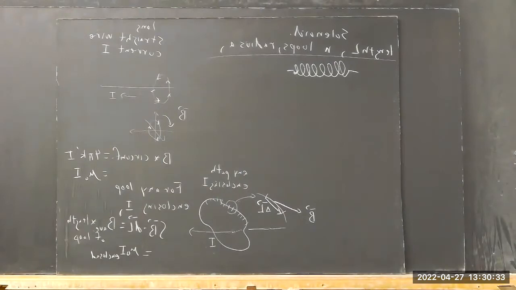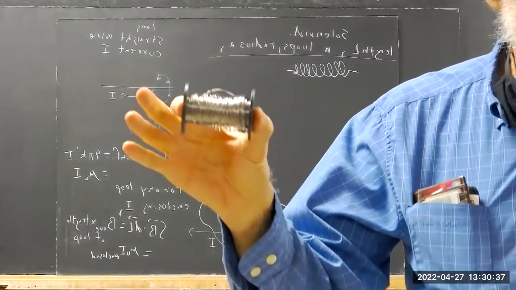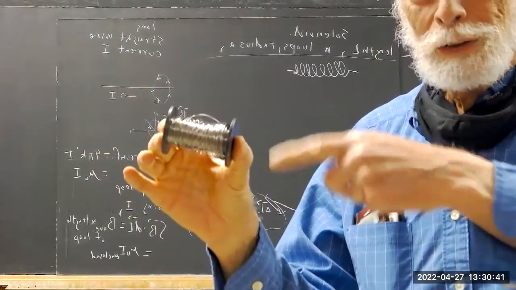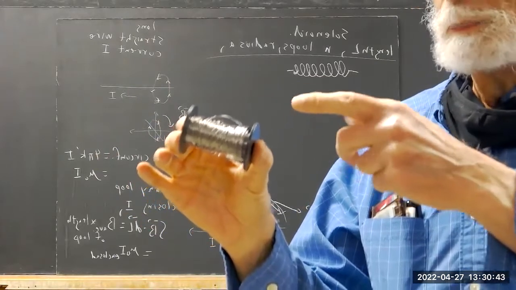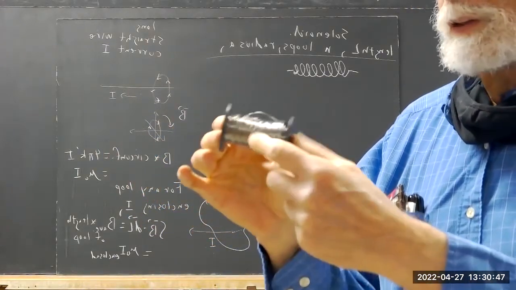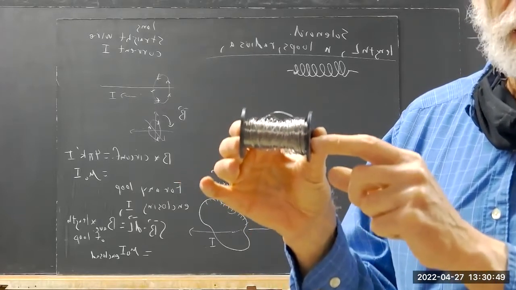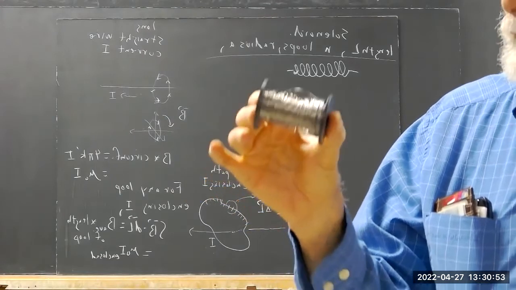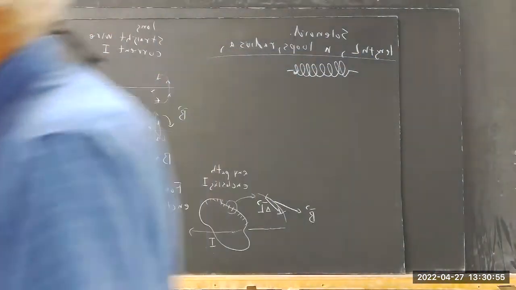If you take this thing, it's a little ragged, but you can see a bunch of loops spread out over this distance. They're not all at distance A from the axis because you have loops on top of loops and stuff like that, but you get the idea.